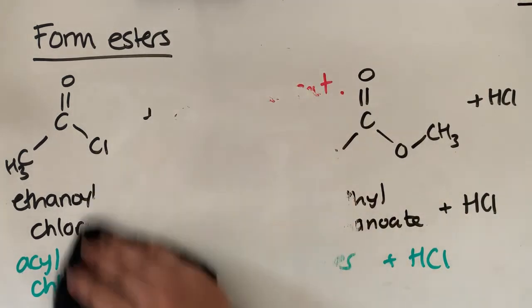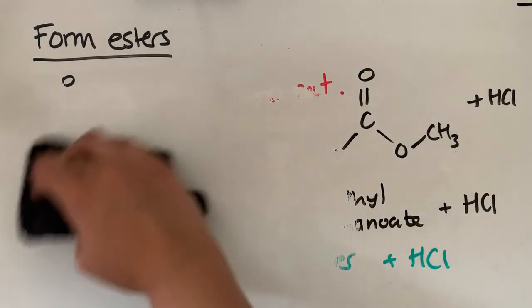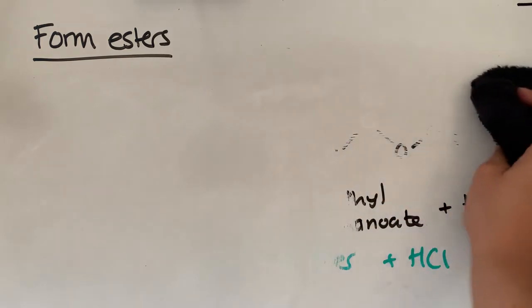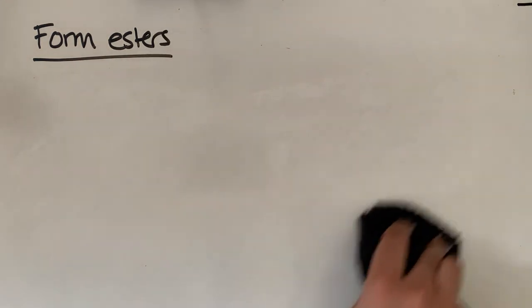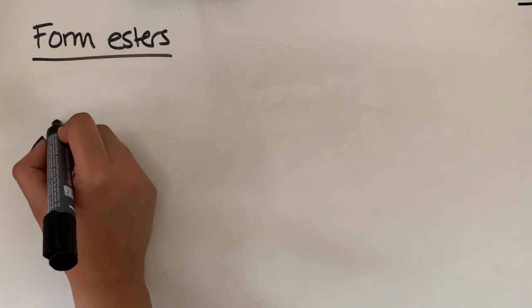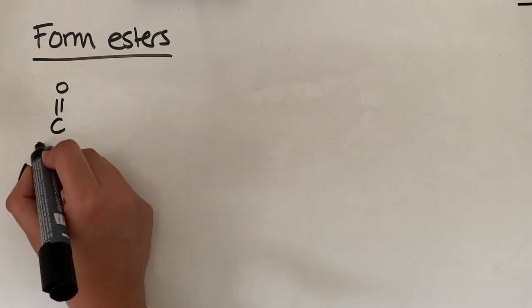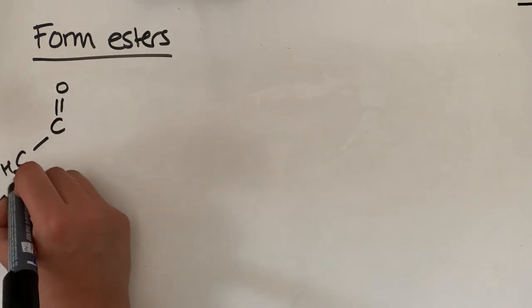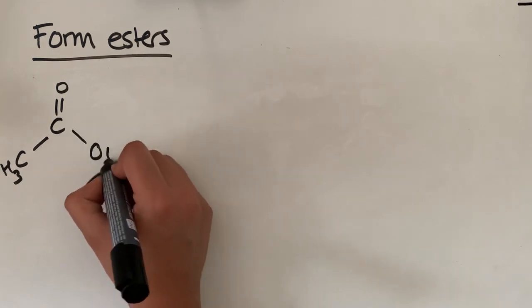Another reason why we use acyl chlorides to make esters is this. When we use alcohols to form the esters, so far we've just gone for normal alcohols. If we want to do a reaction where we react it with phenol rather than alcohol, let me do an example here.